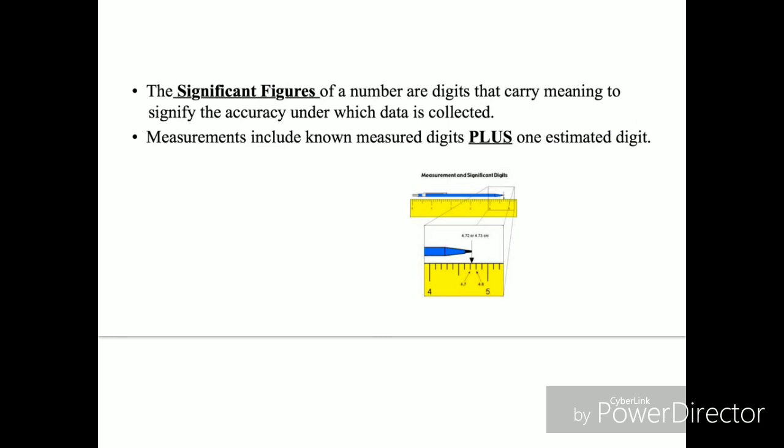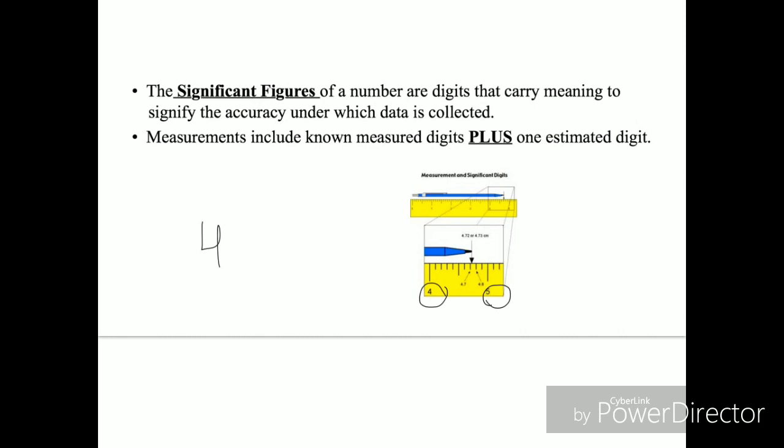So if we look at the measurement of this instrument, what we can see is the length of this instrument is definitely 4 centimeters. It's not quite yet 5, so we're sure of the 4. We also can see that the tenths place is ticked out on this instrument.